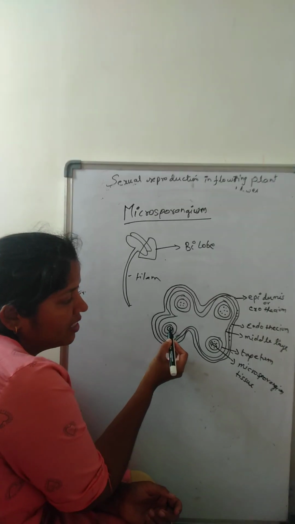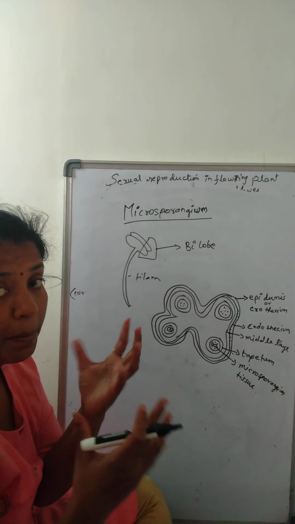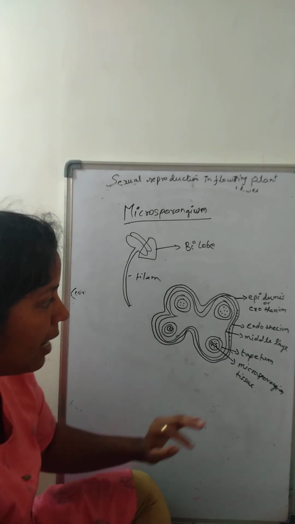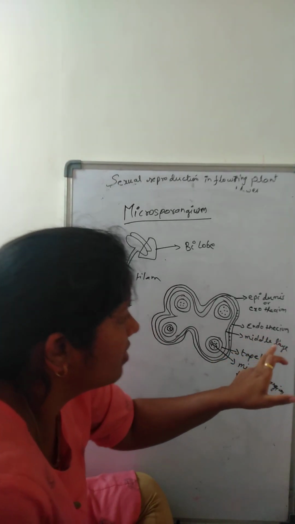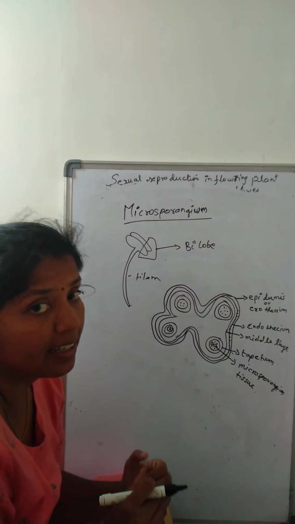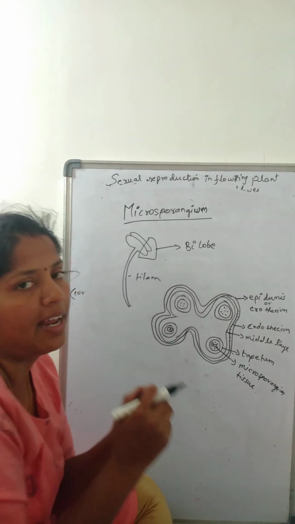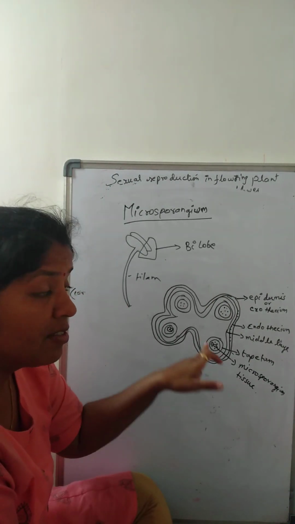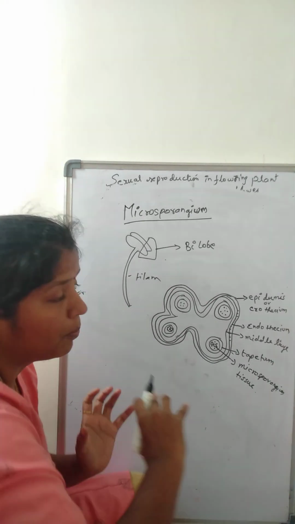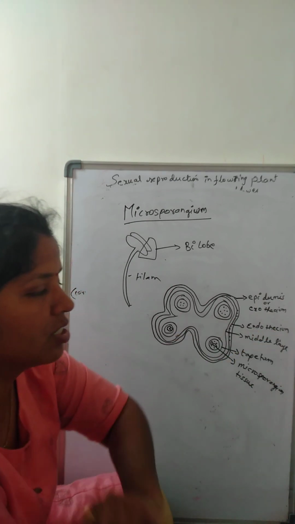When the pollen is prepared for fertilization, this endothecium layer will get dry and shrink like this. Once the pollen is ready to release, it breaks and the pollen grain is released. That is the main function of the endothecium.